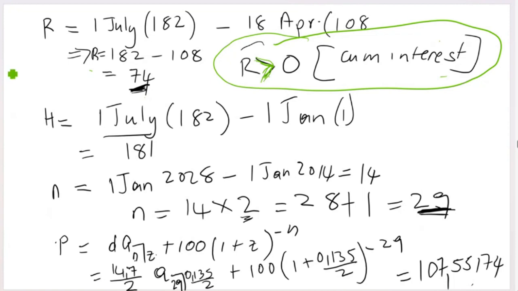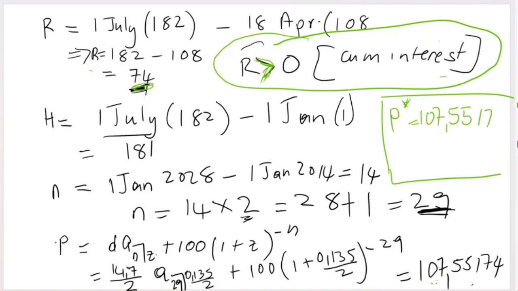So when your R is greater than 0, you need to add a coupon.